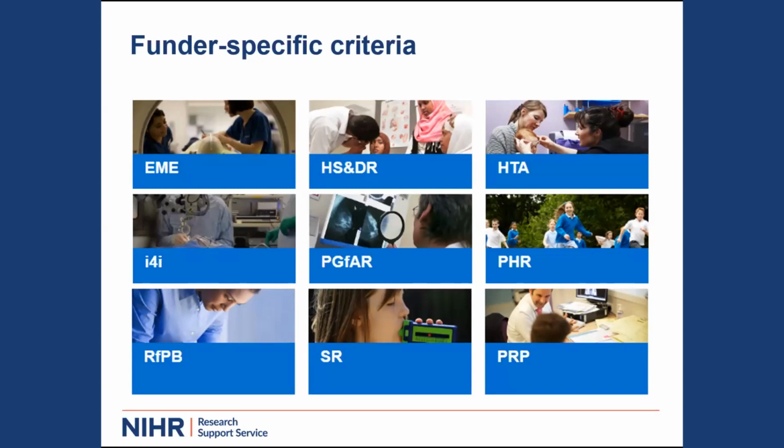Each program or funder will have their own priorities, and they might have a standardized form with standard boxes on it, but within those boxes you need to explain why it meets the criteria of that particular funder. Every funder will have their own guidance, and it will be different for each of the funders. So read their guidance and make sure you meet the particular criteria they're interested in seeing in the studies they fund.